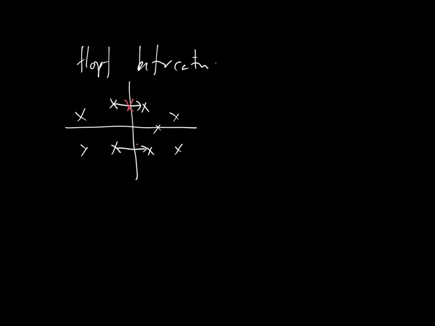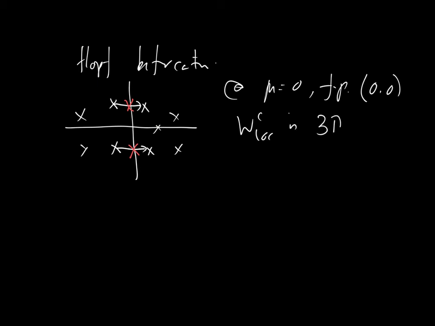And at the bifurcation value, they are exactly on the axis. So here at mu equals 0, at the fixed point in the extended phase space 0, 0, W^c_loc is going to be three-dimensional.